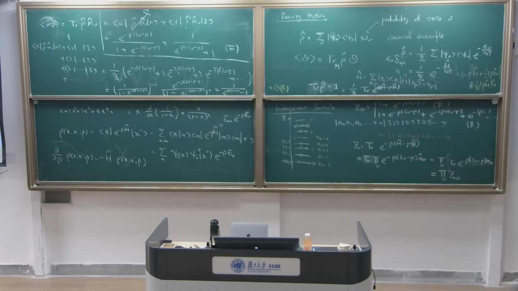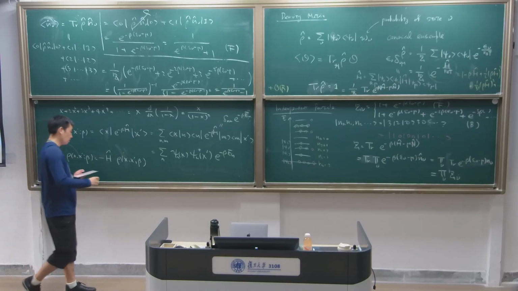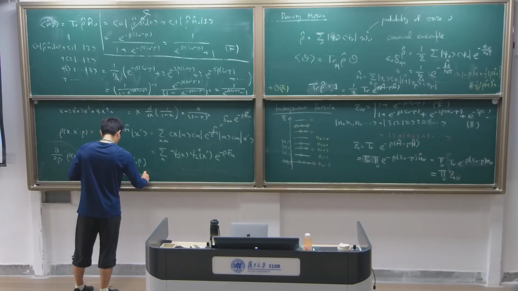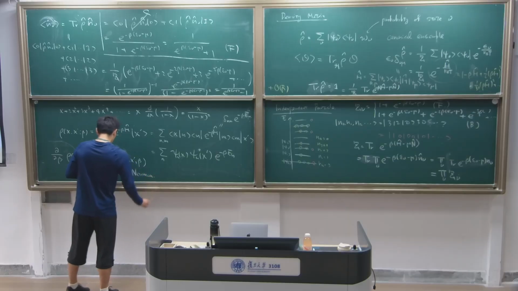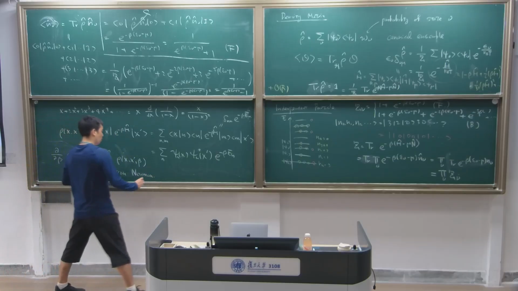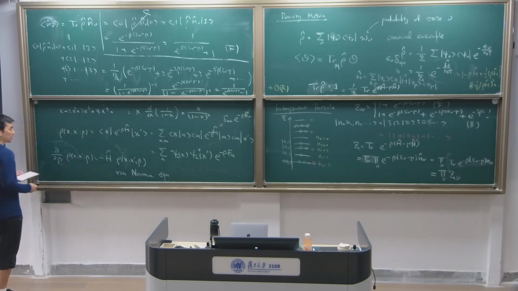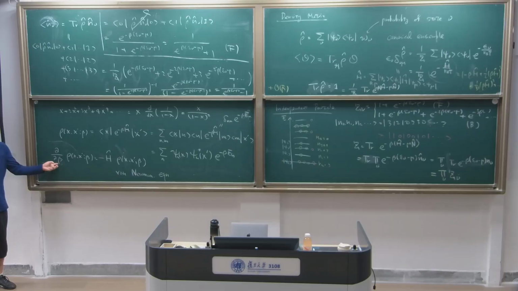So this is called the Bloch equation, or it's just another algebraic equation where beta is treated as an imaginary time.